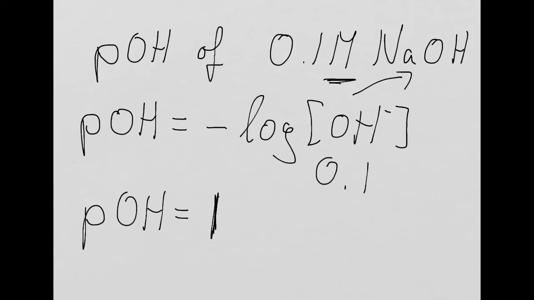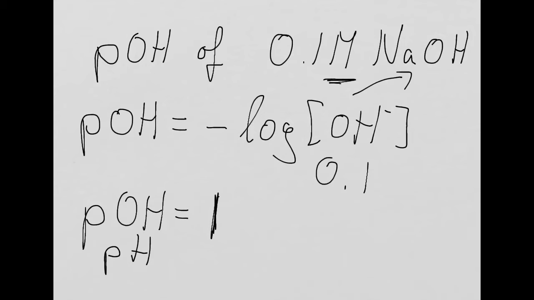So if it is a base, we are usually looking at the pOH. If it is an acid, we are looking at the pH, because the acid produces H, protons, and the base produces OH, hydroxide ions. Can you calculate the pH of this solution?